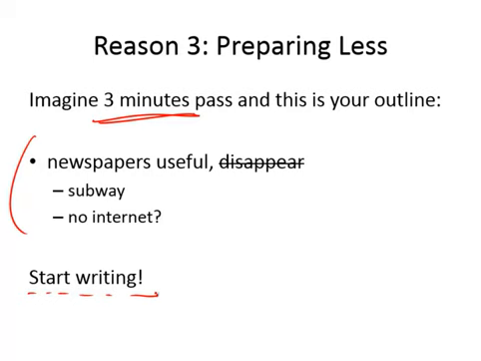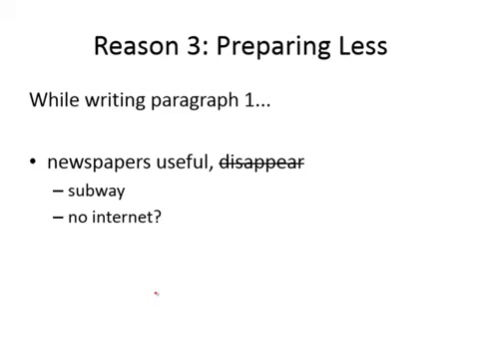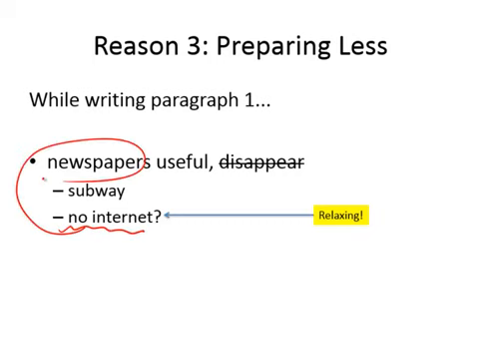If you begin writing body paragraph 1, then while you write, you might be able to come up with the exact thing you need, which is the topic for body paragraph 2. So let's say, for example, I'm writing about how when there's no internet, I can use a newspaper. And then I'm thinking while I'm writing about how this is kind of relaxing.